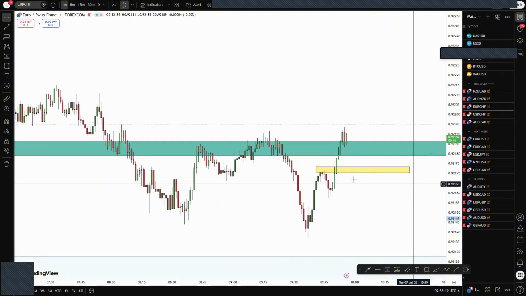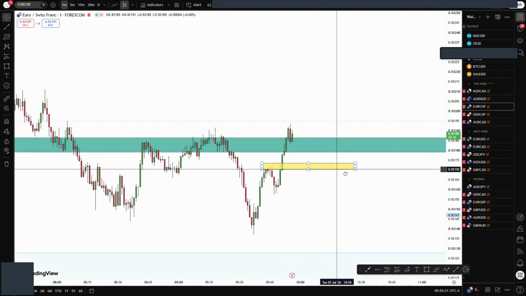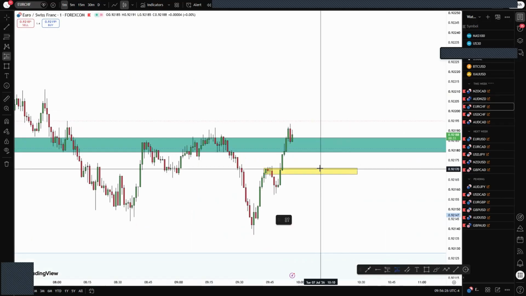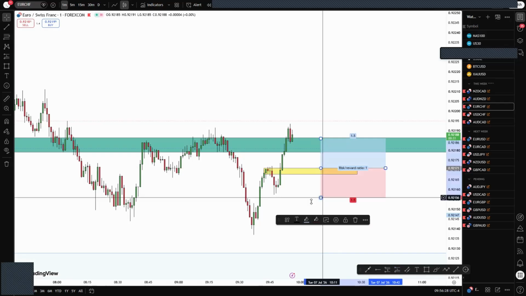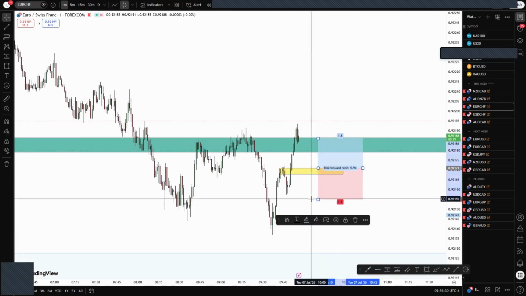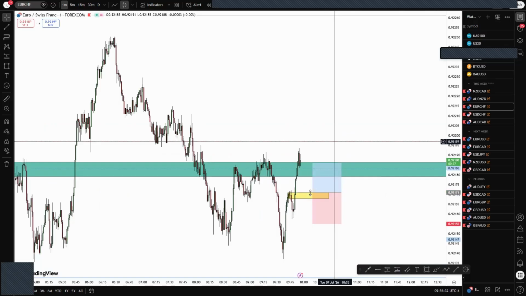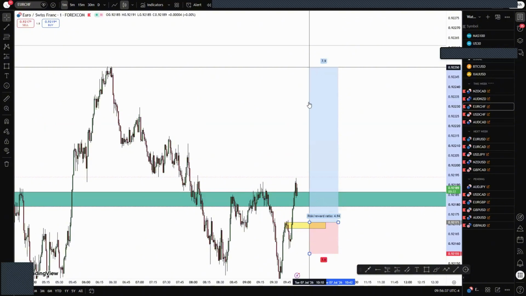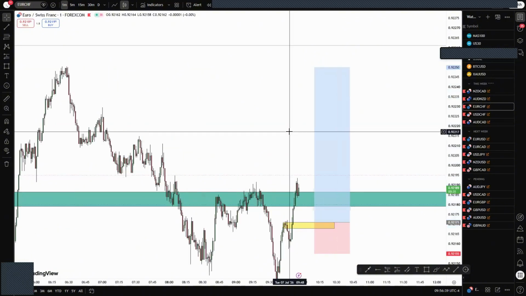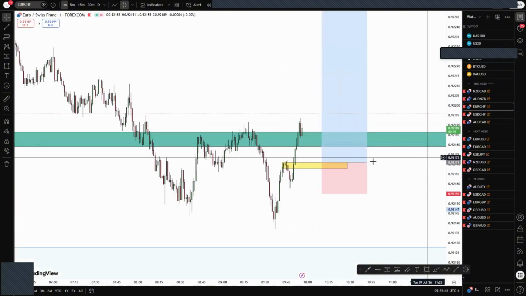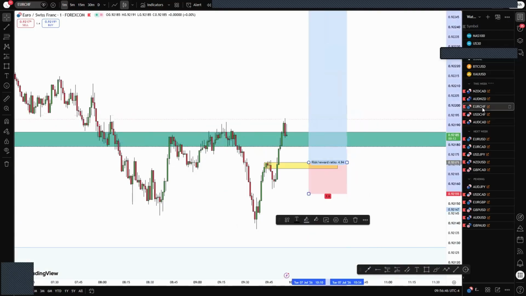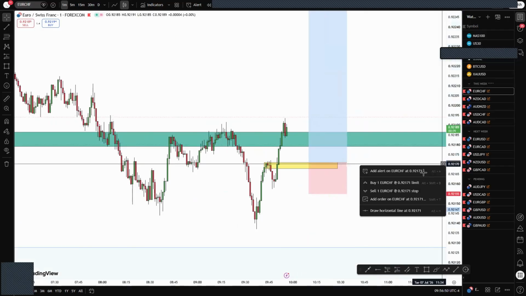See? So we can wait for price to come out here, and then we can catch a long buy right here, and we can target this level here. So we have a trade in EURCHF. Let's put another right there.